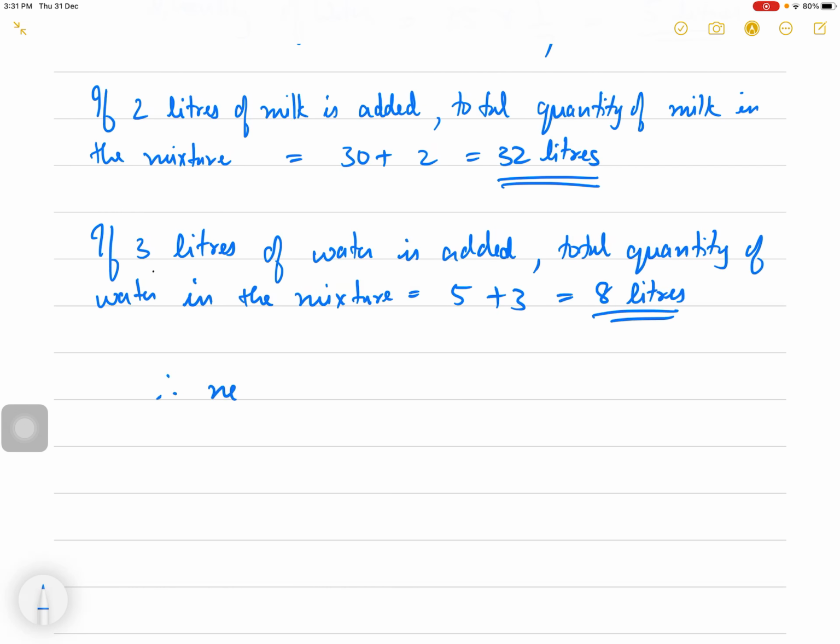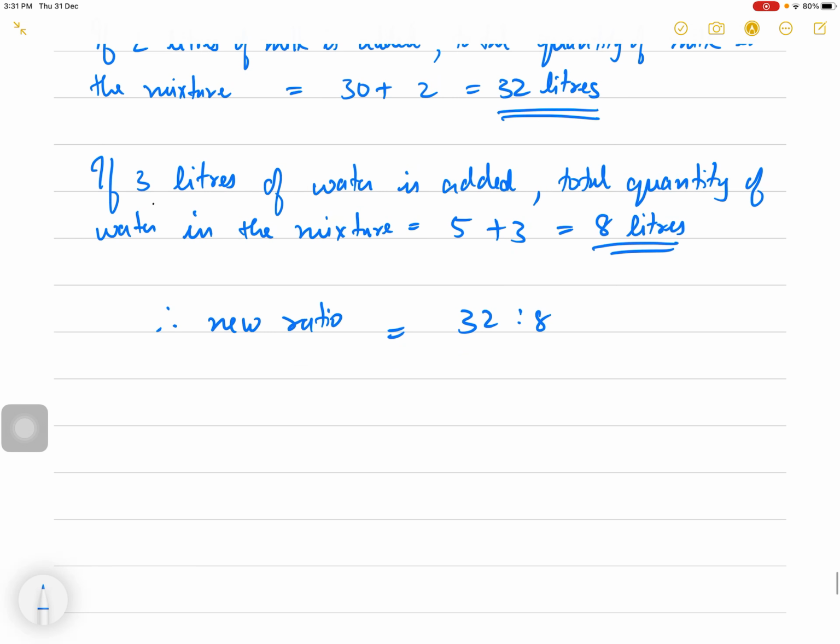Right? Therefore, the new ratio is equal to 32 is to 8, or 4 is to 1. So 4 is to 1 is the new ratio.